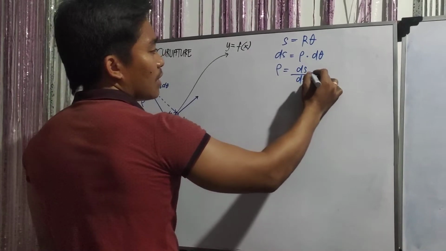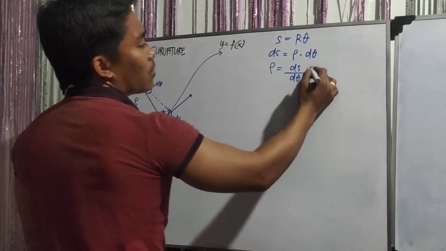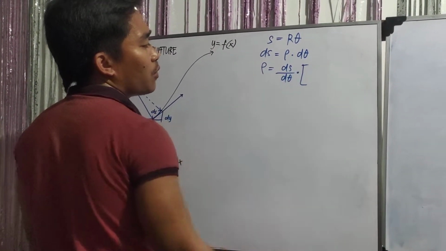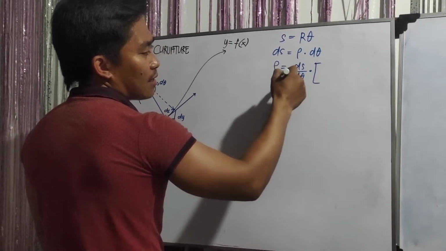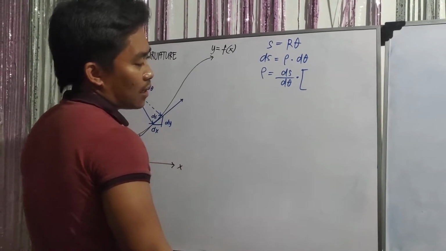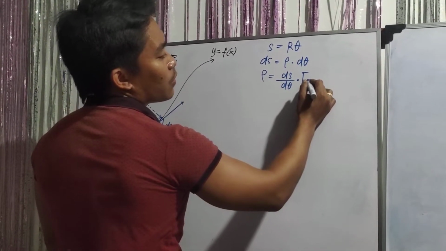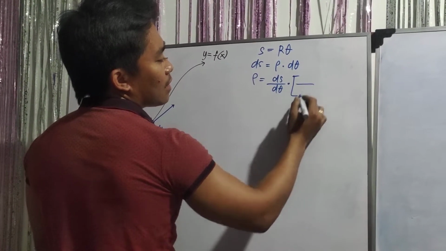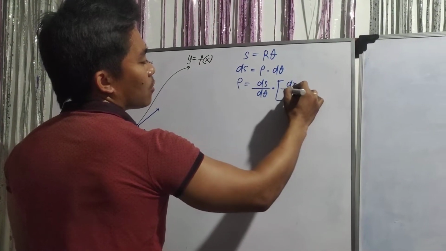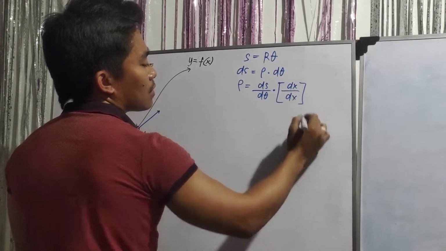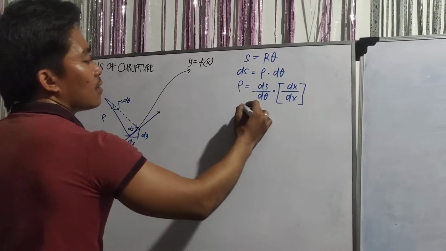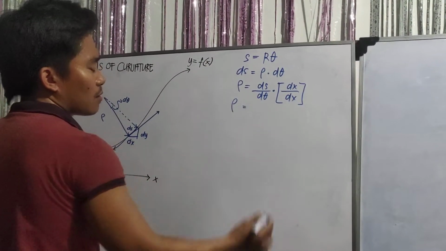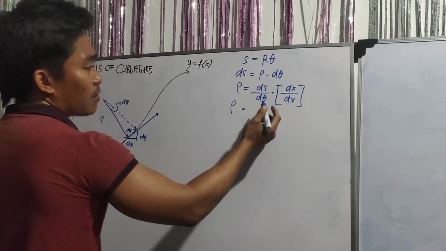Now, in calculus, we have what we call the chain rule. What is that? You are allowed to multiply a certain variable equation by a function which is equivalent to 1 or unity. Here in this case, I will multiply dx over dx. Okay? It's just as if I'm multiplying 1. Now, how do we do it? What is the chain rule?